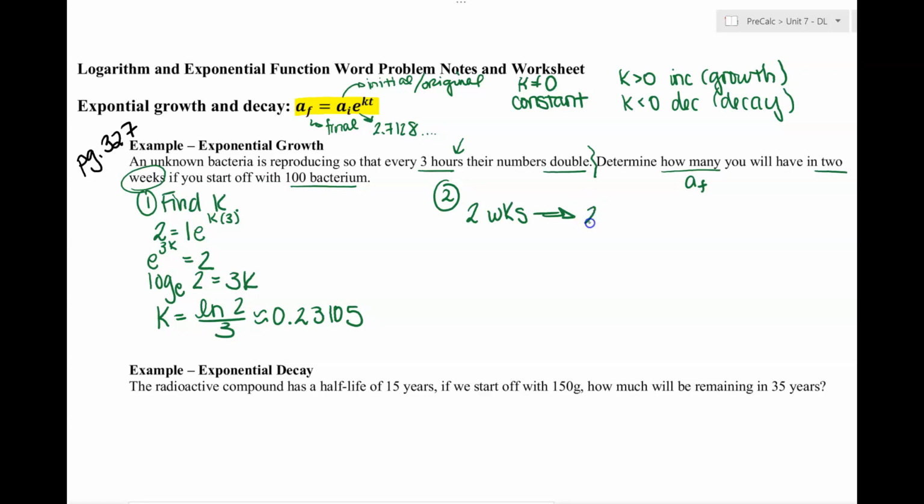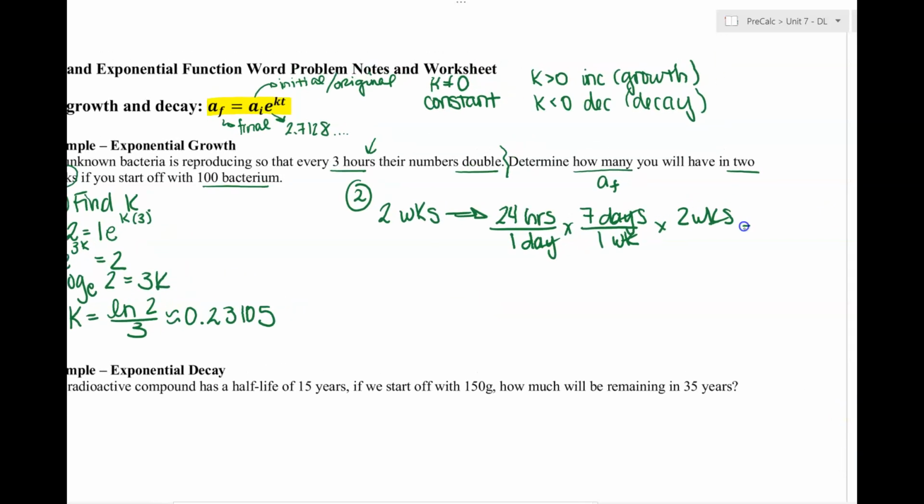Well, we've got 24 hours in 1 day, and we've got 7 days in 1 week, and we want to know how many are in 2 weeks. So these are going to cancel out, and this is going to give us 336 hours. However you convert it is up to you. I don't care. But that's what works for me, I lay it out in that fashion.